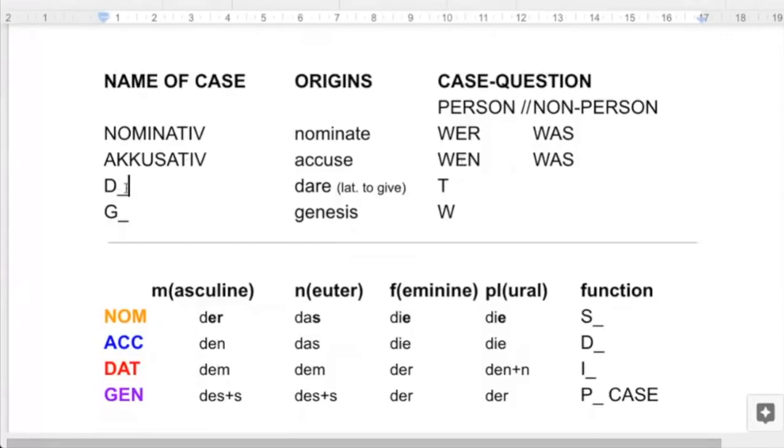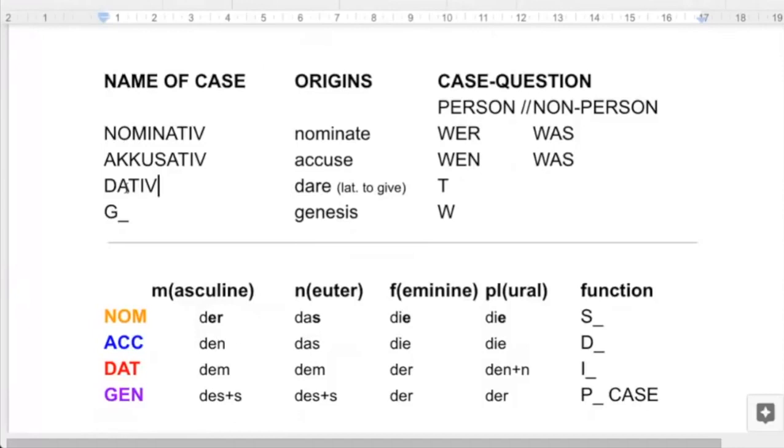Next is dative. Dativ auf Deutsch. Dative comes from dare, to give. Funny enough, it's not the thing or the person giving anything, because that would be the nominative. The nominative is the giver, the one that does the action, I've said. So the dative is nevertheless related to giving, because it's the receiver of a thing.